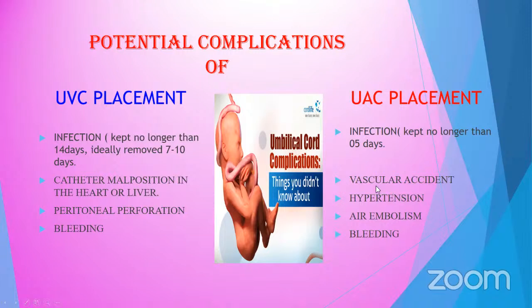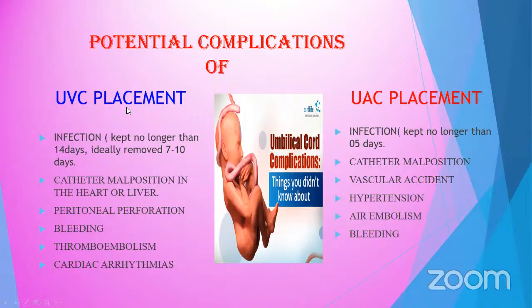If there is thrombosis, there is a blood clot that blocks the vein or the artery. If we say embolism, the clots are already stuck in the bloodstream that prevent the blood flow going to the extremities or blood vessels that obstruct the blood flow. Cardiac arrhythmias also for UVC placement, and thromboembolism.